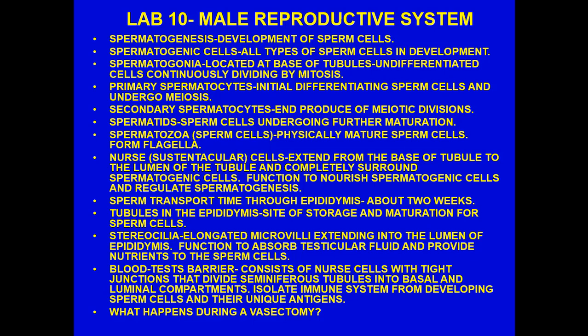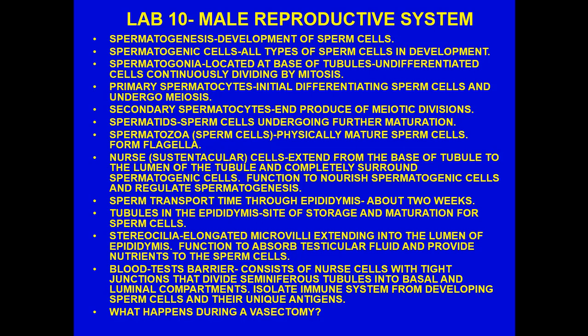Sperm transport time through the epididymis is about 2 weeks. By the time they're ready to leave the epididymis, they're fully mature, ready to go. Now, tubules in the epididymis, these are sites of storage and maturation for sperm cells. Also, you will note in the epididymis these structures called stereocilia.